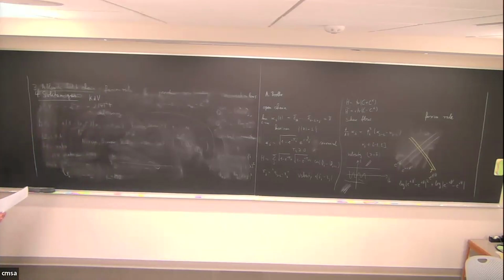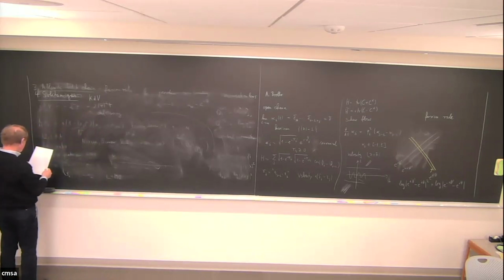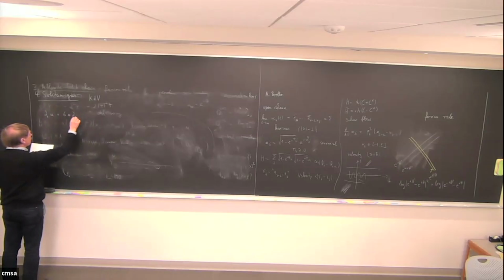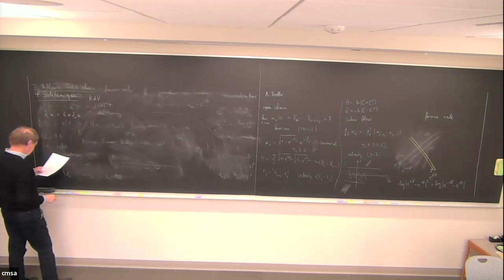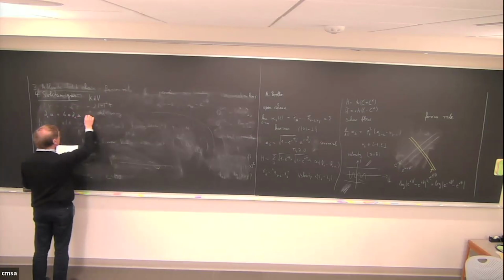I mean, this goes back to the 60s, and this is called the KdV equation, and this is a PDE, or nonlinear wave equation. I guess I put here a plus sign now anyway. I mean, there are some people who put here a minus sign. I have this here, and then I have a cubic derivative.